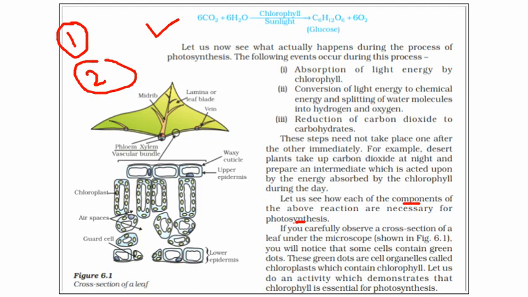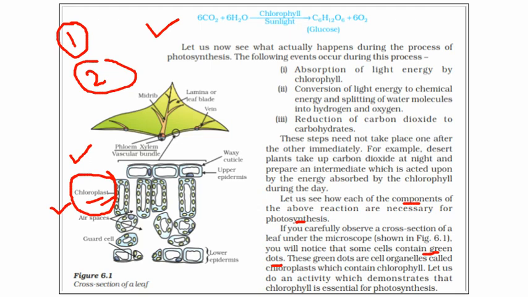If you carefully observe a cross section of a leaf under the microscope, you will notice that there are some cells that contain green dots. These green dots are cell organelles that we call chloroplasts.